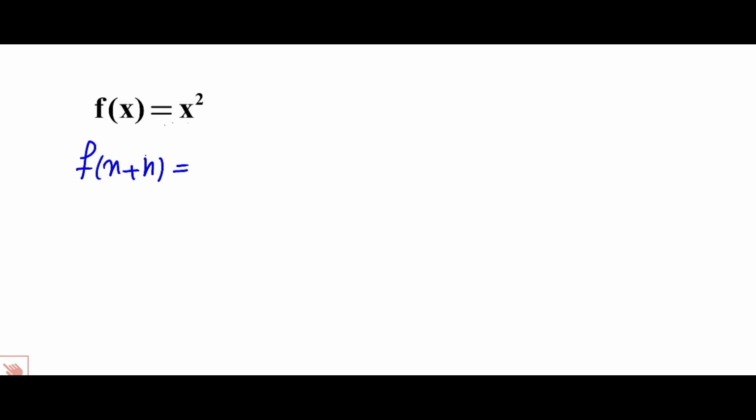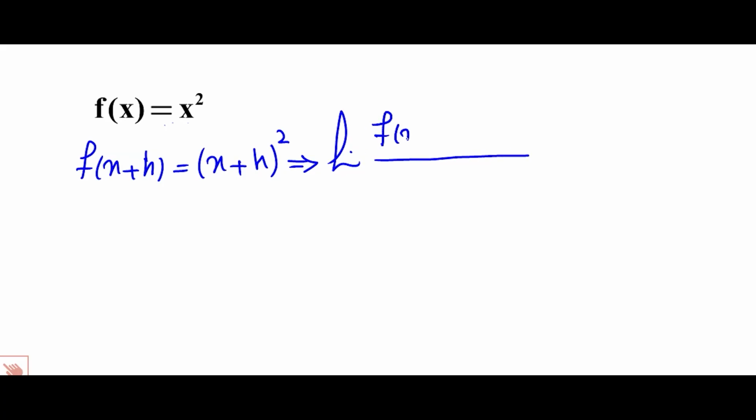Number 1, if f of x is equal to x squared, find the derivative using the definition of the derivative. If f of x is equal to x squared, so f of x plus h is equal to x plus h whole squared. So the definition of the derivative is equal to the limit of f of x plus h minus f of x over h as h approaches 0.